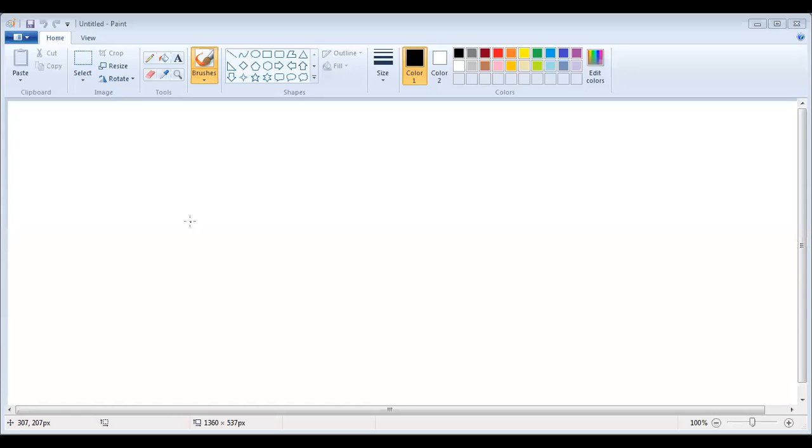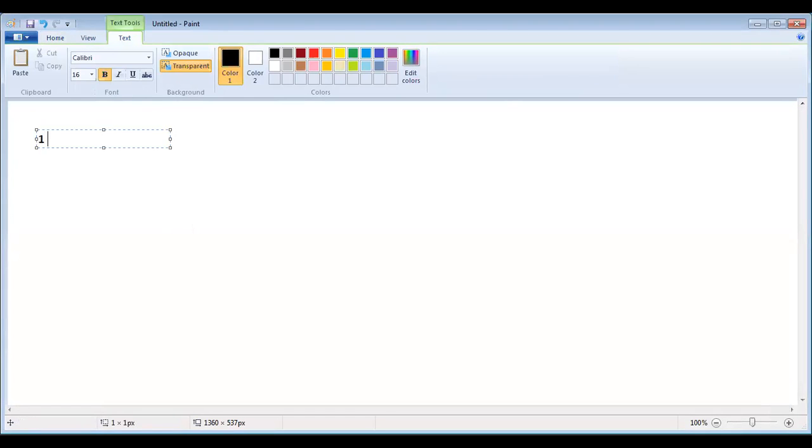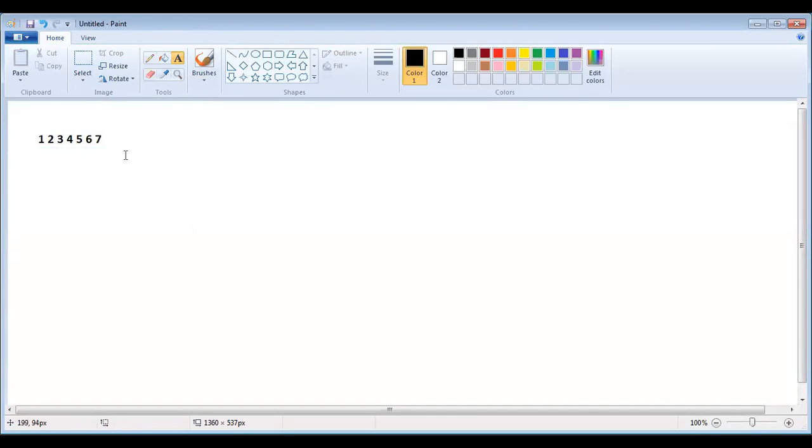Everyone could see this paint screen? Yes, ma'am. Now I'm going to construct. These are the different numbers. I have to construct an AVL tree for that. Let me start.